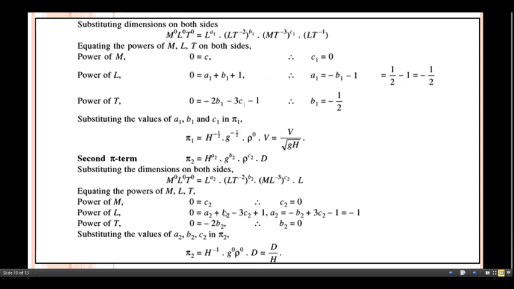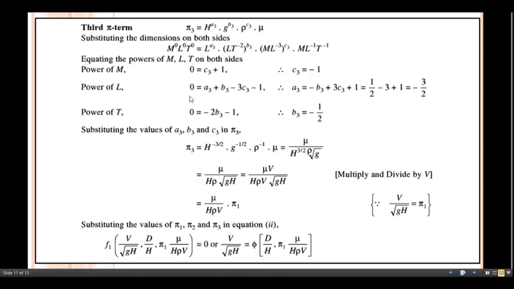We can get the values of a2, b2, c2 by equating the dimensions on the left and right sides. Then substitute those into this equation. Pi2 equals h raised to minus 1, g raised to 0, rho raised to 0. Simply you get d by h, because any quantity raised to 0 is nothing but 1. So what we get here is d divided by h.